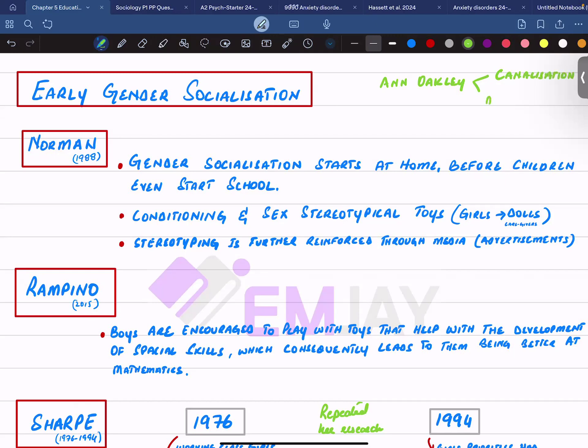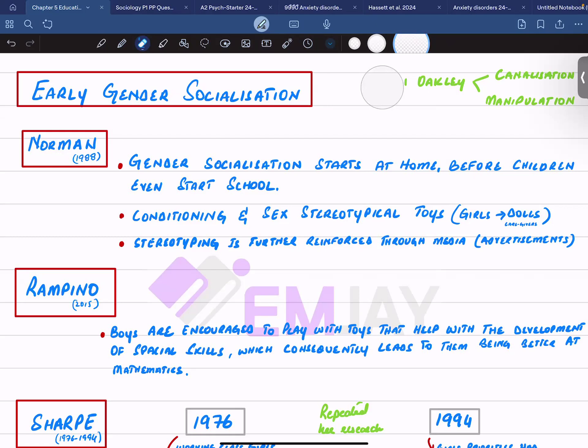Canalization had to do with how parents deliberately try to channel the interests of a particular child according to the gendered expectations of the society that the child is a part of. Likewise, manipulation refers to the extent to which parents are seen to be manipulating their children into gender specific or gender preferred activities.